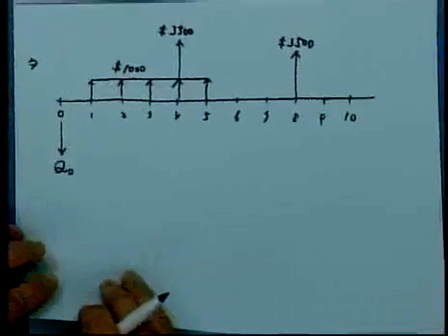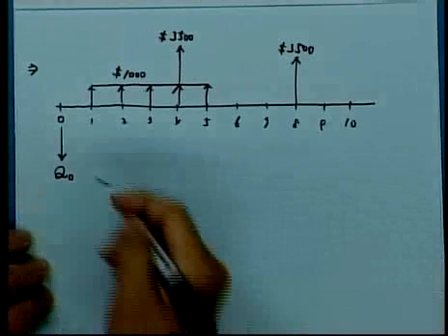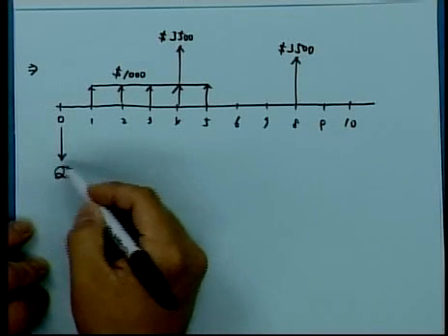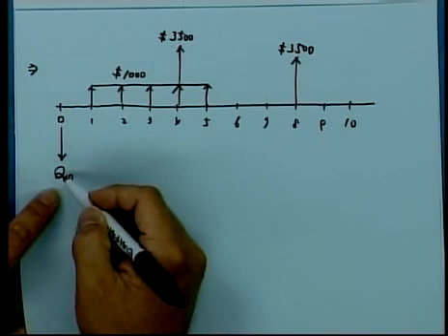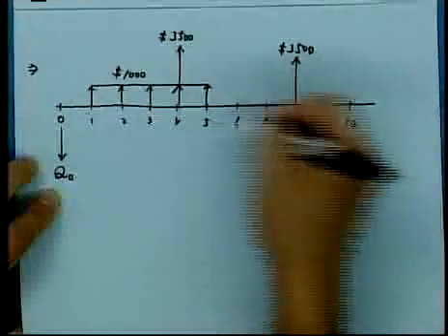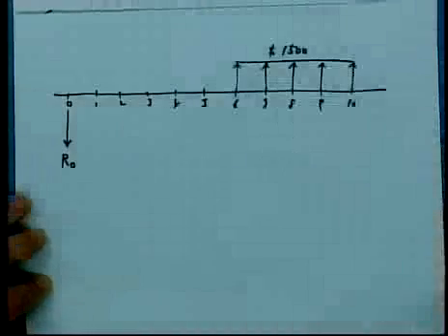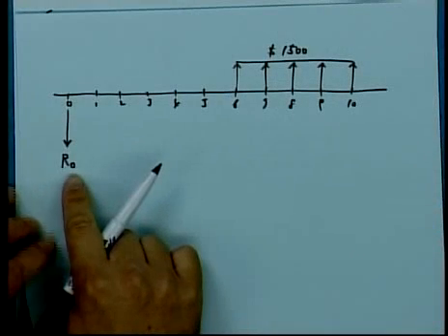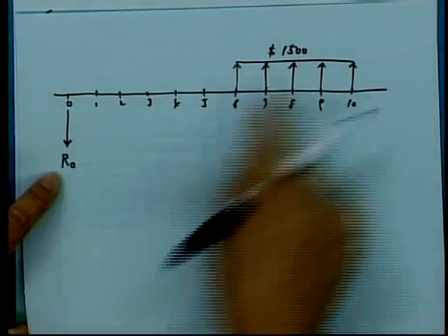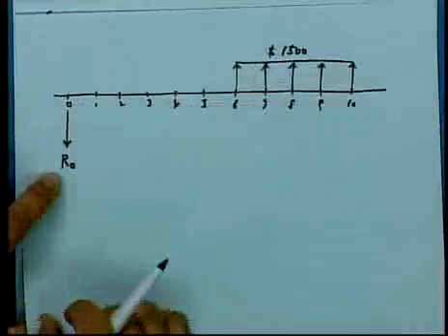So basically, Q sub 0 is the equivalent present sum of money of these positive cash flows. Okay? And R sub 0 is the equivalent present sum of money of this positive cash flow.